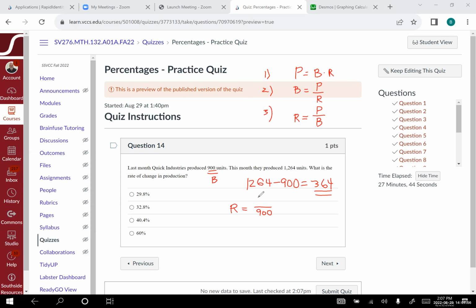And we divide it into the part, 364. That's 0.404. All right, and then as a percent, that is 40.4%.